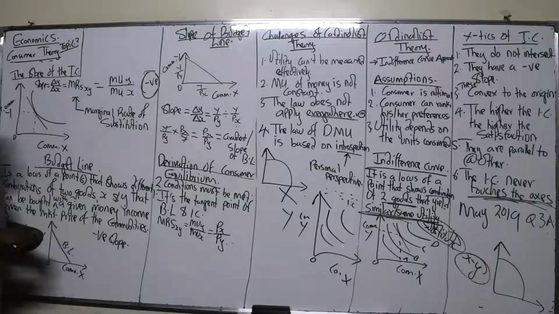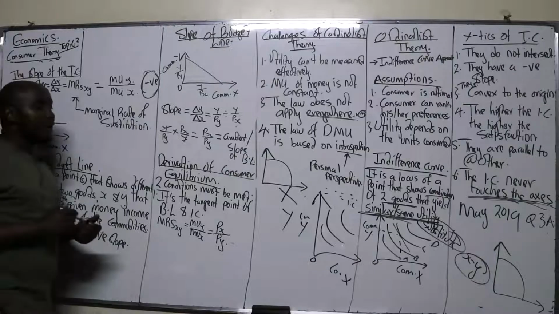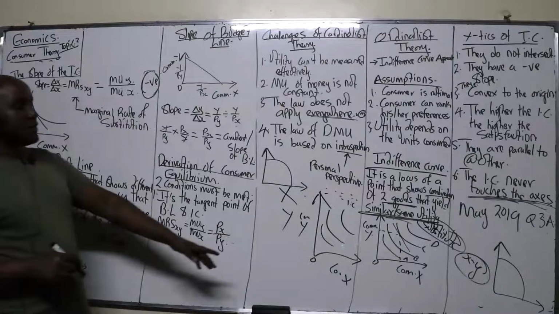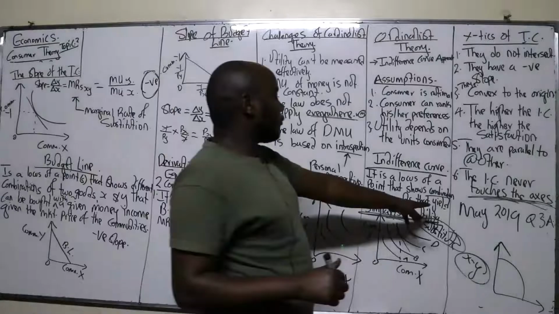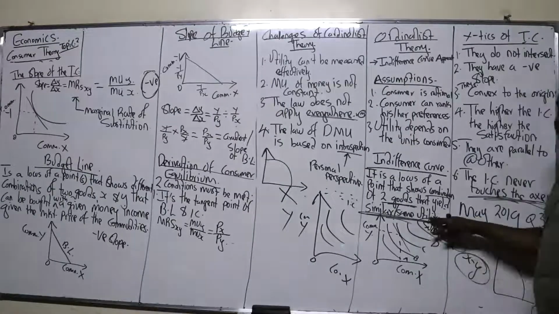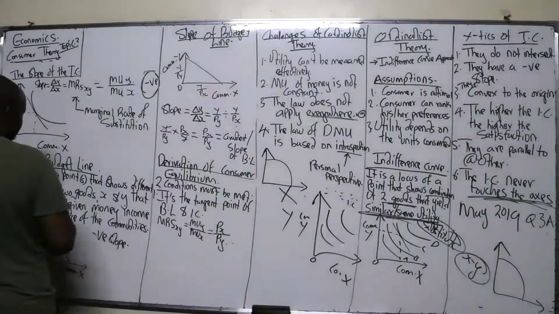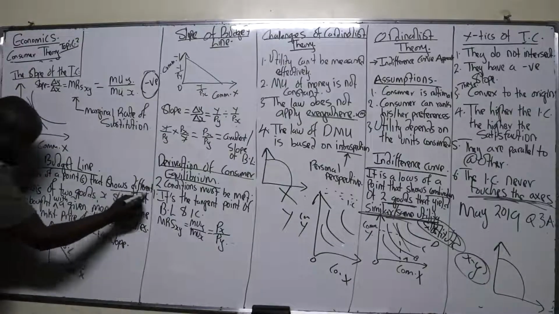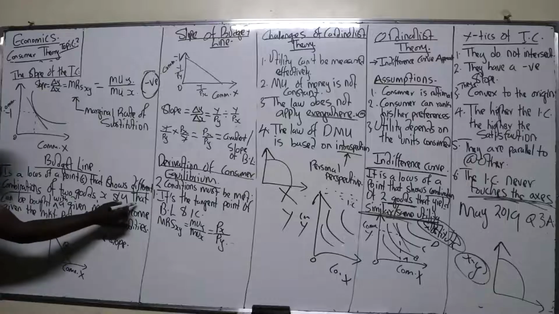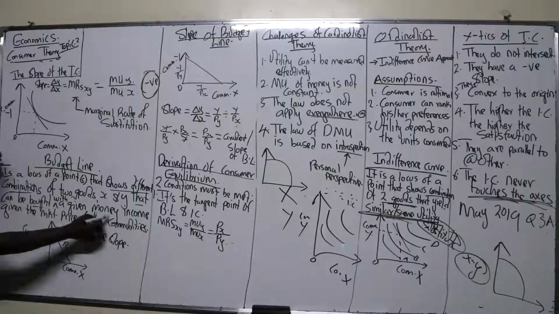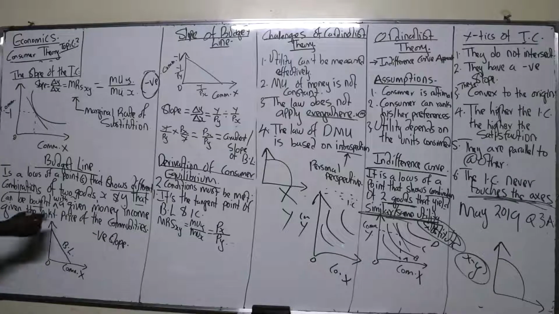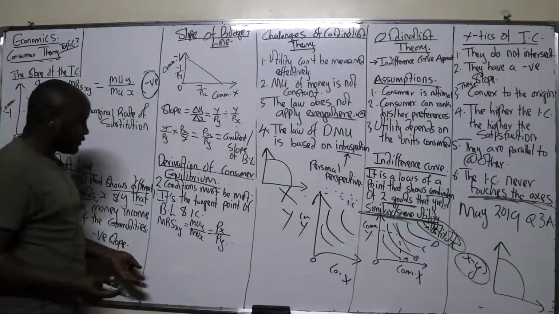That the consumer will be in equilibrium, whereby his combination of goods with similar utility will be equal to the point that shows the combination of two goods that a given money can afford.